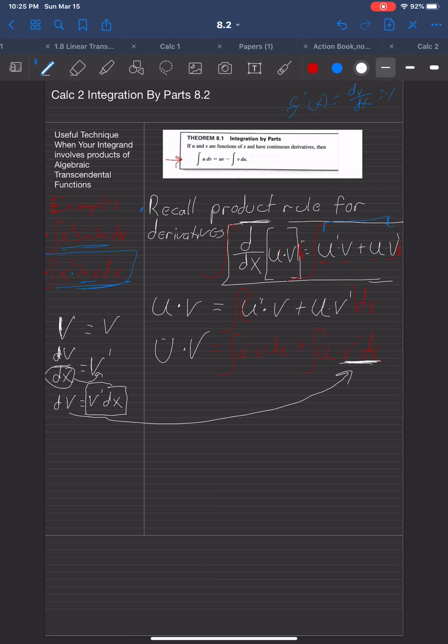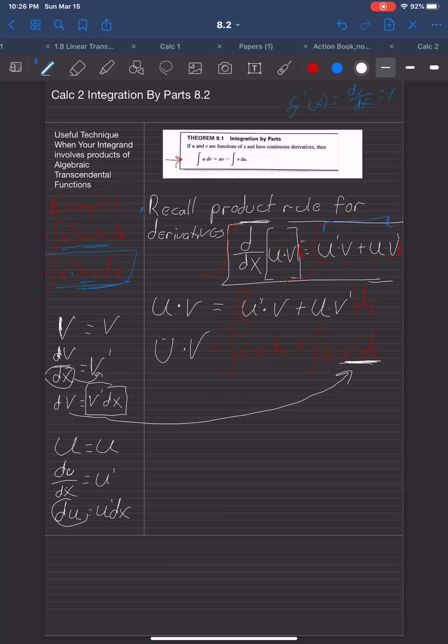And I can go through the same setup with having u equal to u, and then du dx is equal to u prime. Therefore du is equal to u prime dx.